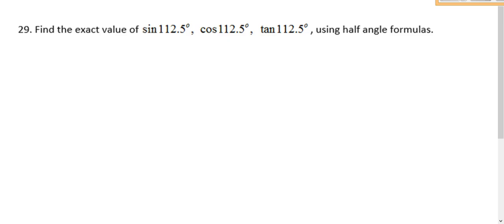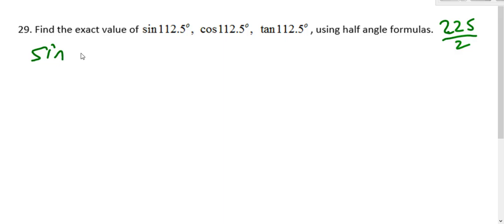So here's a similar question, but with degrees this time. 112.5, that is half of 225. So when we use our half angle formulas, we'll be using u is 225.